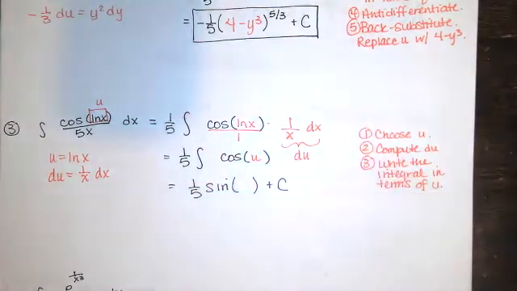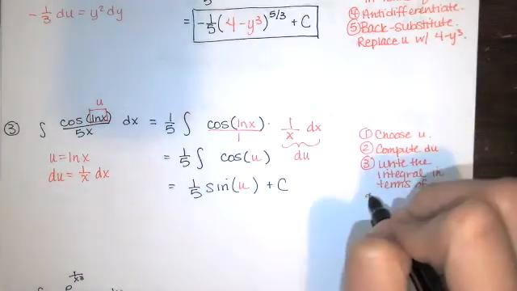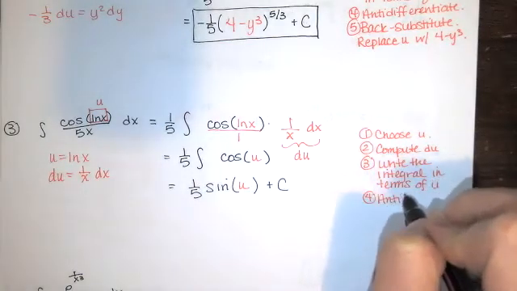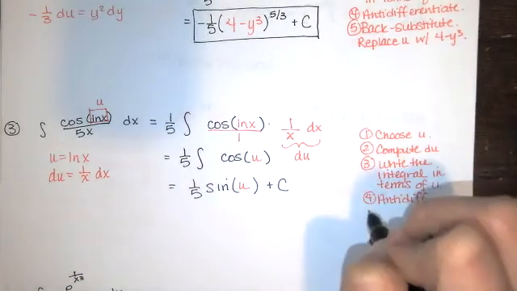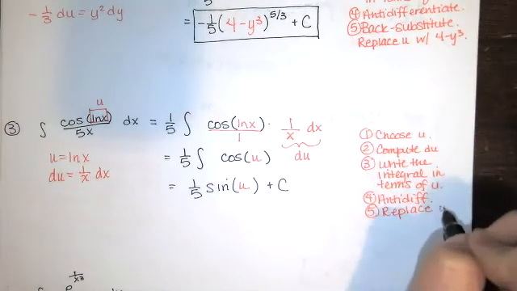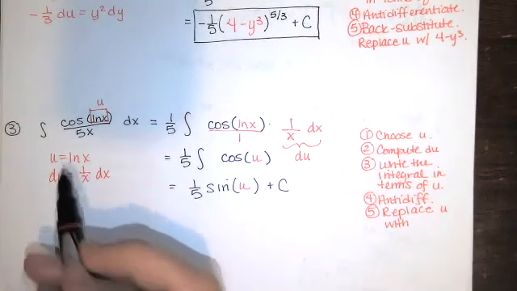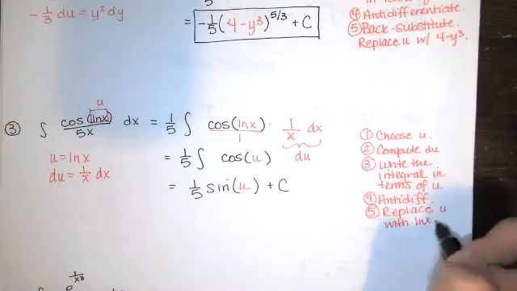The antiderivative of cosine of u is sine of u plus c. So we antidifferentiate. And then the last thing we do is we back substitute. That's replacing u with whatever u was in terms of x. In this case, u was natural log of x.